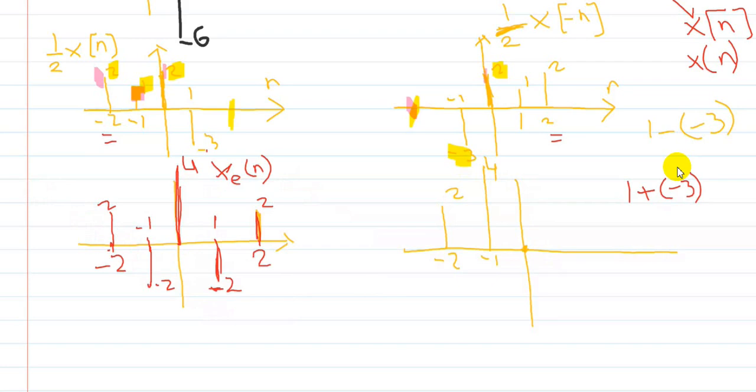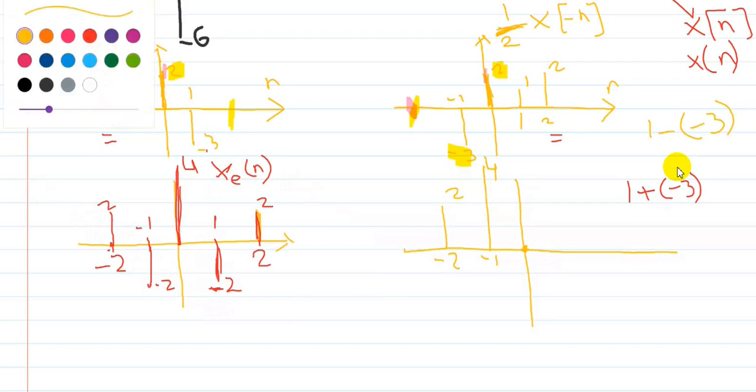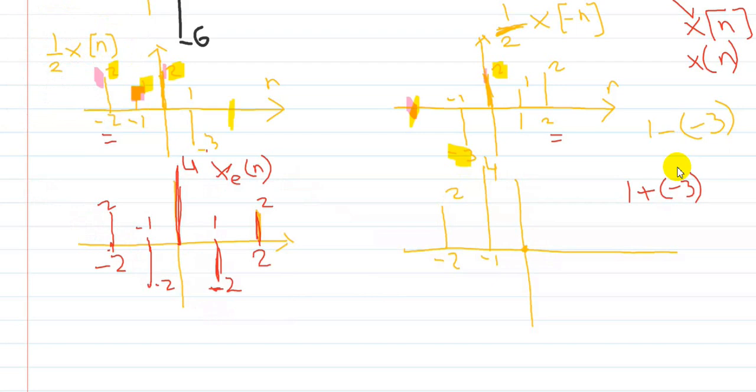At 1, it is minus 3 minus 1, which will give me minus 4. So I'm going to have minus 4 at 1 here, not minus 1, at 1.